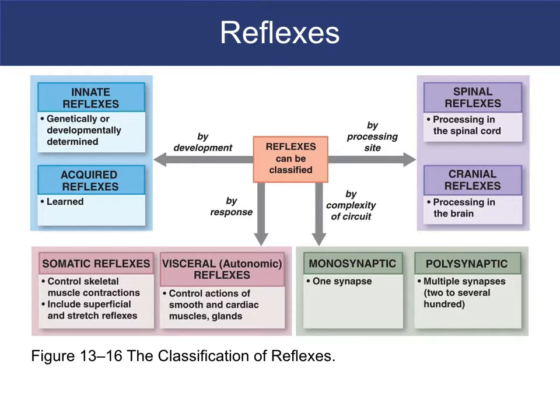Monosynaptic reflexes involve just one synapse. Polysynaptic reflexes take between 2 and several hundred synapses to make happen. Most of the reflexes that we've been talking about here are spinal reflexes, but a lot of reflexes actually occur in the brain. Obviously, the Moro reflex and the suckling reflex occur in the brain.